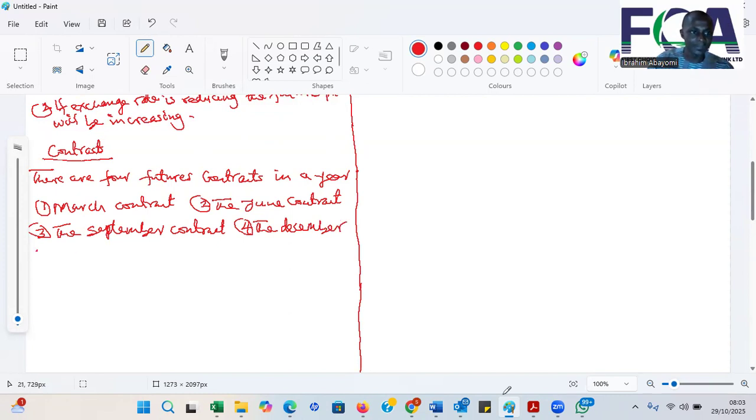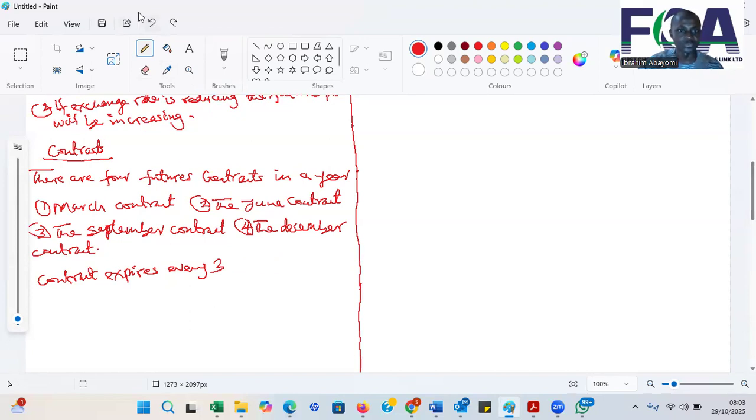The December contract. Now, what this means is that contract expires every 3 months.